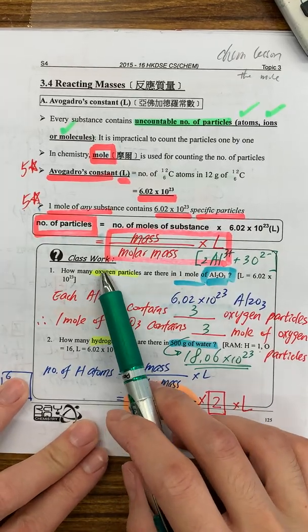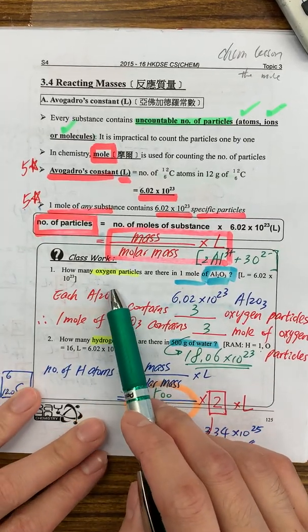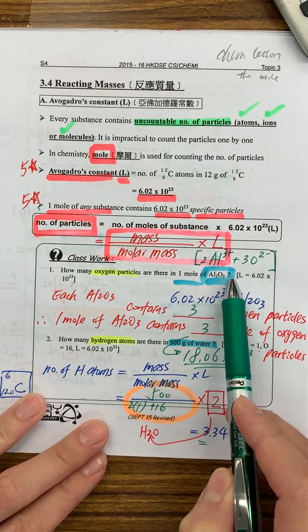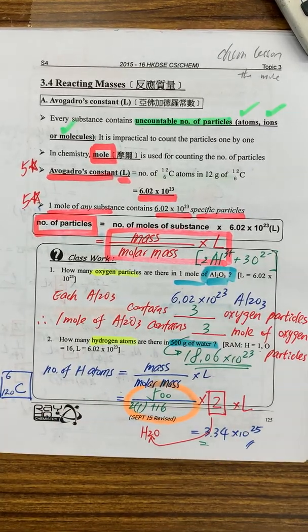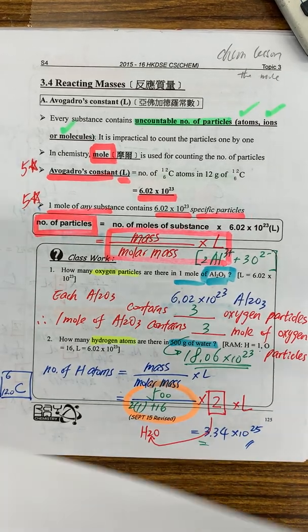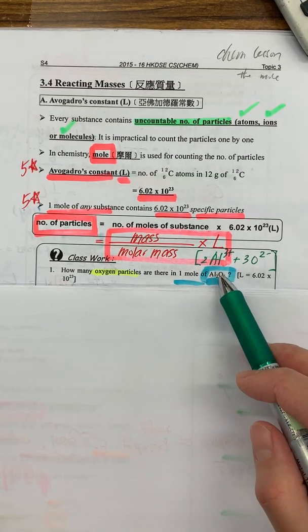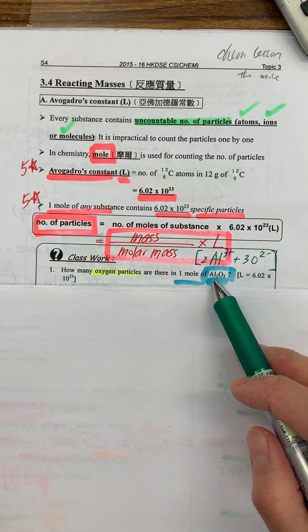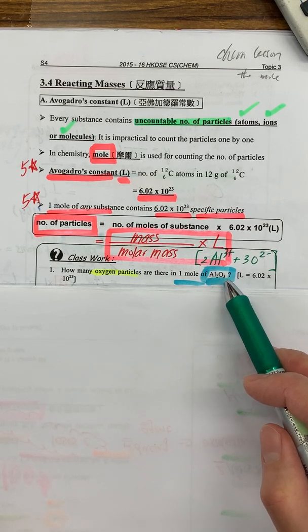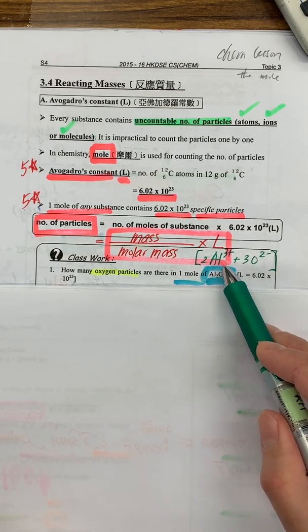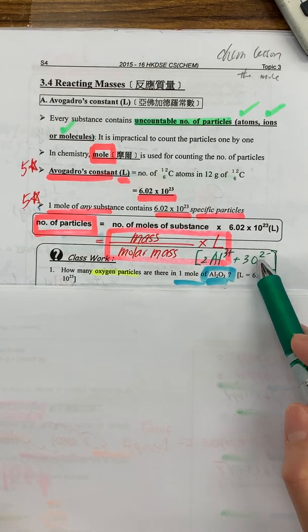Let's take a look at the class work. How many oxygen particles are there in 1 mole of aluminum oxide? Now, as far as you learned from the formula, each aluminum oxide should contain 2 aluminum cations and 3 oxygen anions, right?